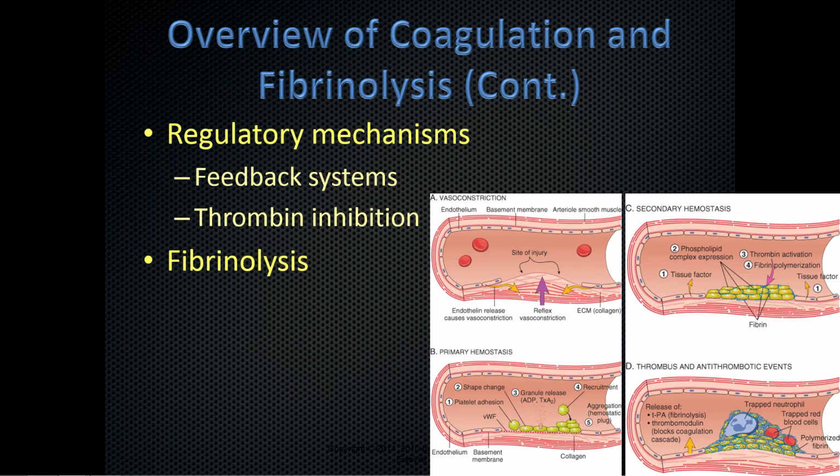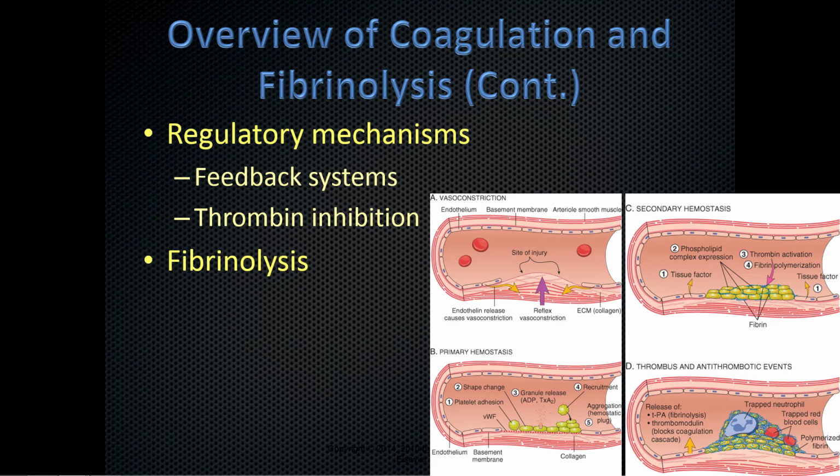Now, the process of fibrinolysis promotes the remodeling of the clot to promote repair of the vessel wall and to maintain flow through the vessel lumen. And fibrinolysis begins as soon as the clot is formed. So circulating plasminogen, which is a precursor to the powerful enzyme plasmin, binds to fibrin and is trapped within the newly formed clot.